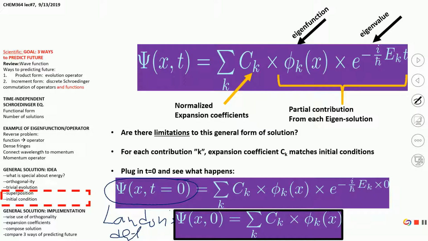So our tactical goal is to get rid of dependence on x, get rid of functions. But in an educated way, so that these c sub k coefficients, the expansion coefficients, will carry signatures and traces of our past.